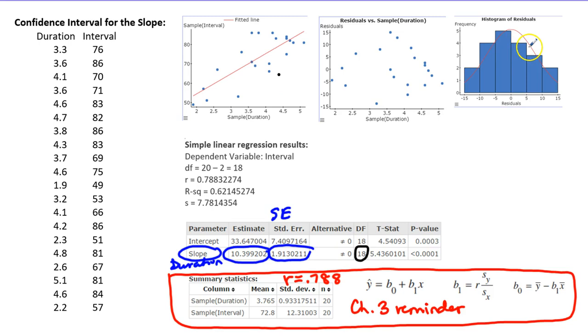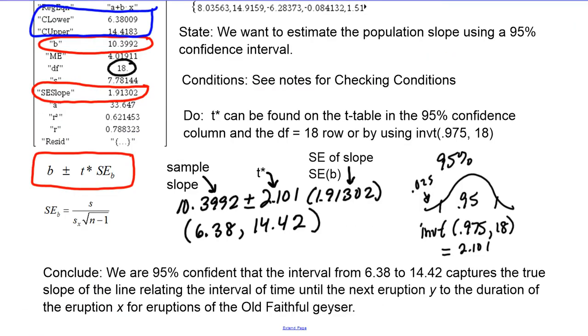We can also use inverse t on the calculator by cutting off everything below the upper tail of the 95% confidence interval. So this would be 0.975, the 0.95 plus the 0.025 in the left-hand tail, comma 18. That would also give me 2.101. I personally think the table's easier.